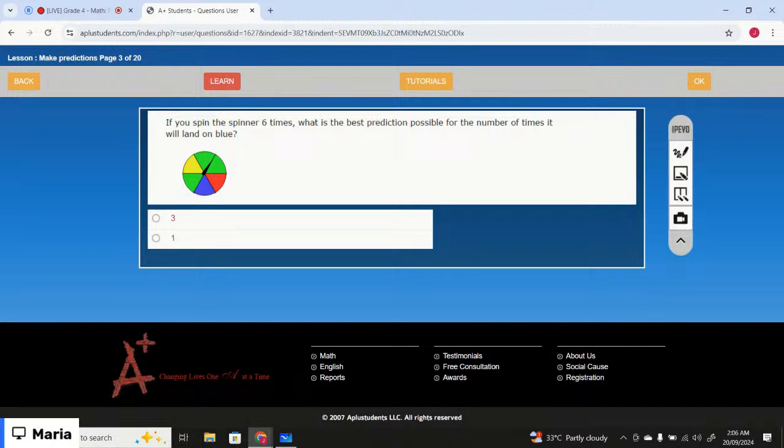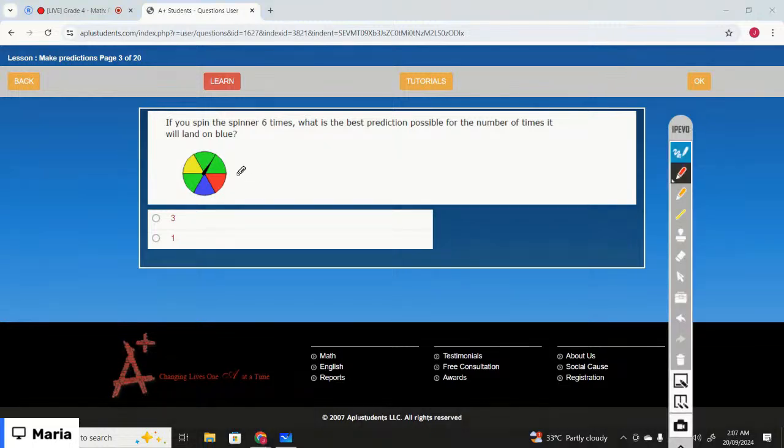If you spin the spinner 6 times, what is the best prediction possible for the number of times it will land on blue? So here on the spinner you have 6 portions, right?